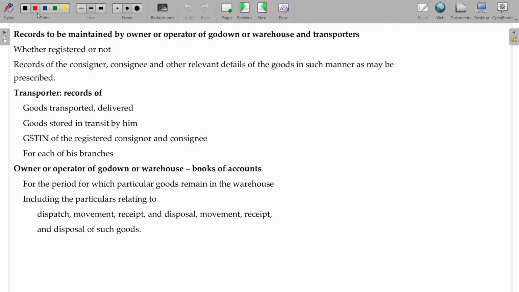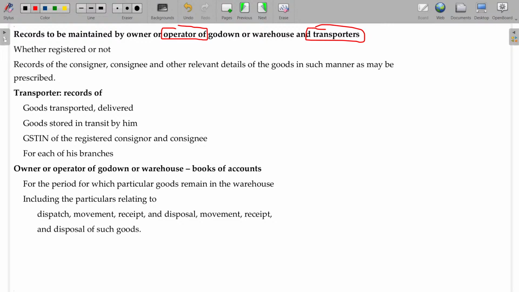Now, what happens in case of an operator of a godown, warehouse and transporter? If I am the transporter, you deposit your goods to be transported, I collect and deliver to the third party. The person who deposits the goods is called the consignor. To whom it should be delivered is the recipient or consignee. If I am not the transporter, I am running a warehouse for storing public goods. If you are depositing, then I have to keep that safely and release whenever you ask.